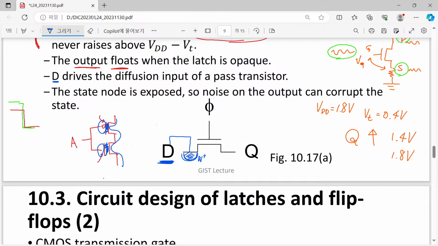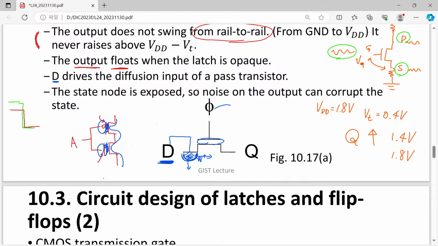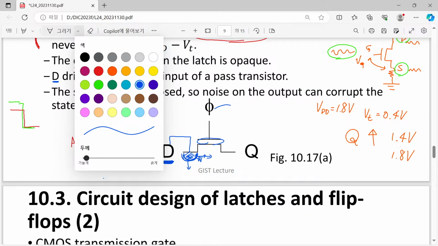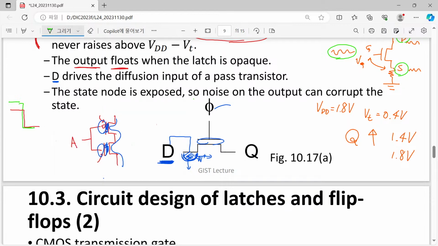Which problem? If we connect it to the gate, that is isolated. But in the case of this signal connected to the source directly, there is a certain leakage path and another path, a conduction path. So we have no isolation between our signal and the current conduction path. So we don't like it. And another one, here we have a state node.